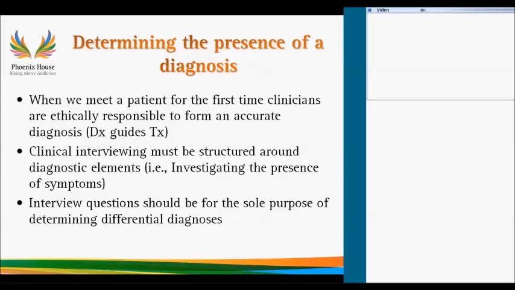So, determining the presence of a diagnosis. When we meet a patient for the first time, clinicians are ethically responsible to form an accurate diagnosis, and you'll hear me mention several times that diagnosis guides treatment. Clinical interviewing is one of the most important assets a clinician can have. The more structured around diagnostic elements, the easier it is to make a diagnosis.